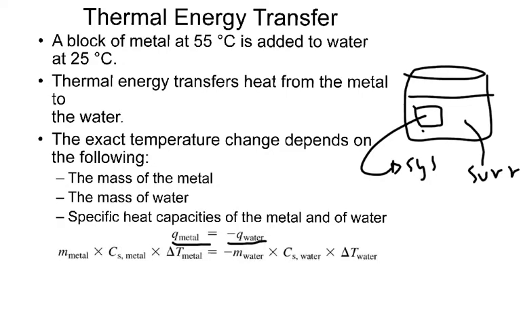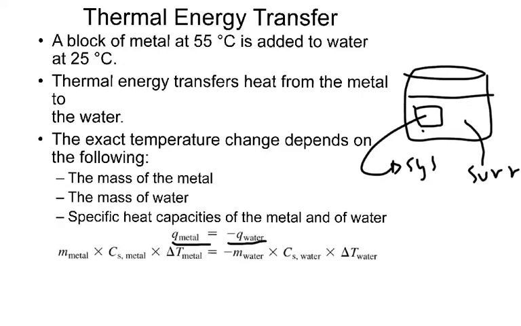The heat, of course, depends on the mass of the water, the mass of the metal, and the specific heat capacities of both the metal and the water. And then the change in temperature can easily be measured experimentally.